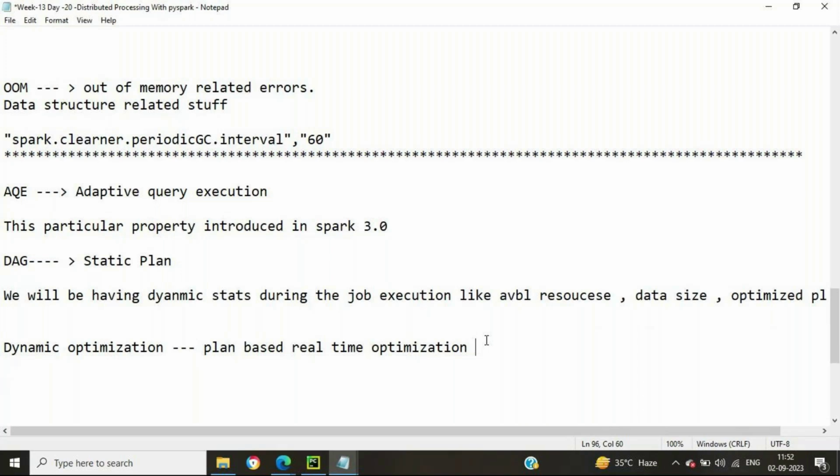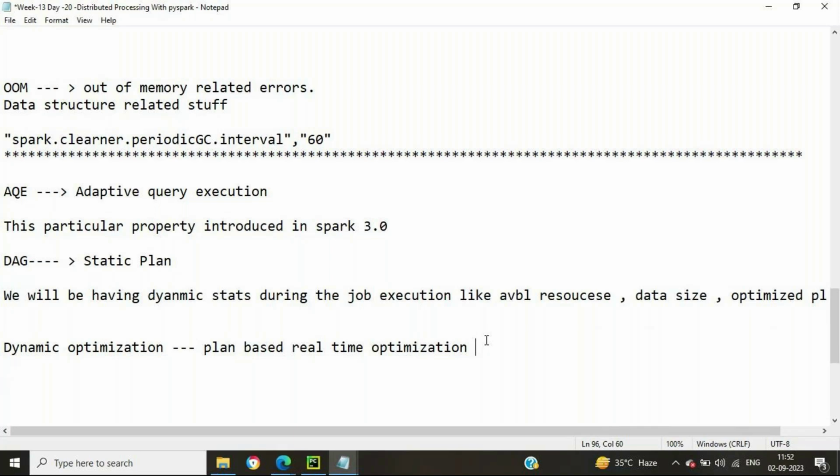It was a manual task. We have the information, and we work based upon the data: this is the data, and based upon this, this many partitions will be good for our distributed computing.